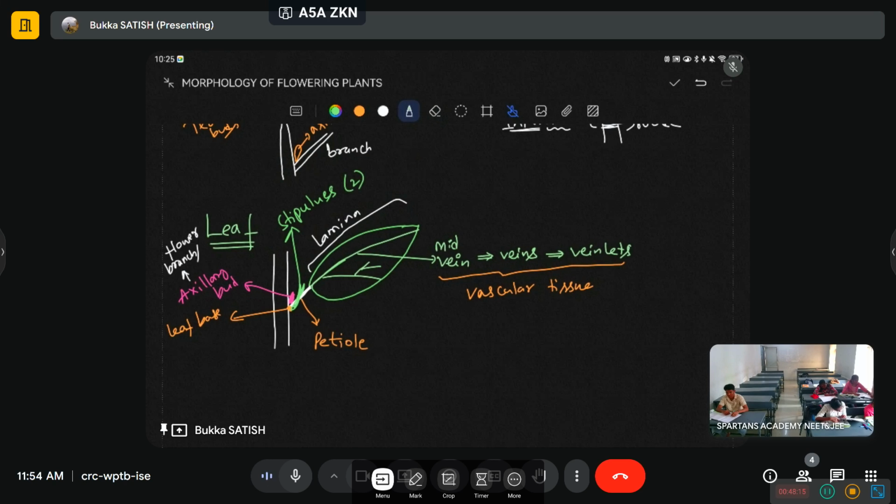There will be two stipules developed at the base of the leaf. If stipules are present, we call it a stipulate leaf. But there are exstipulate leaves also. If they are absent, we call it an exstipulate leaf.